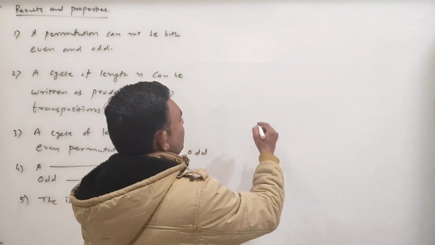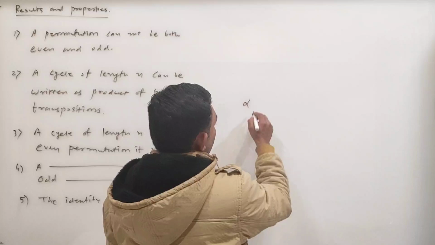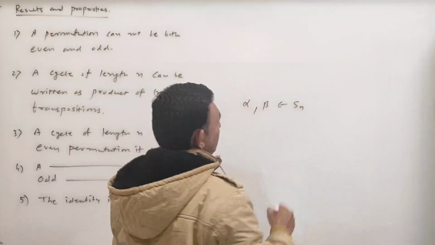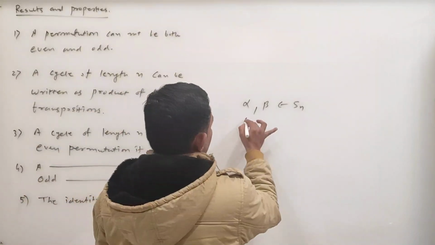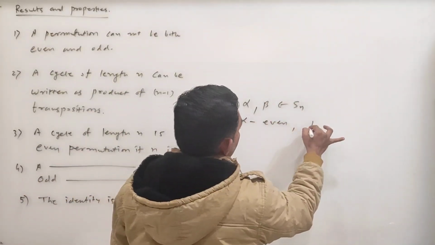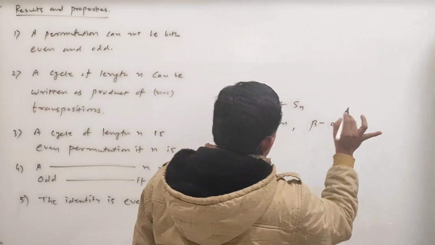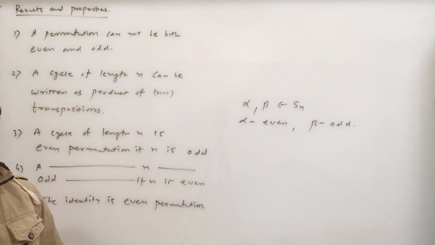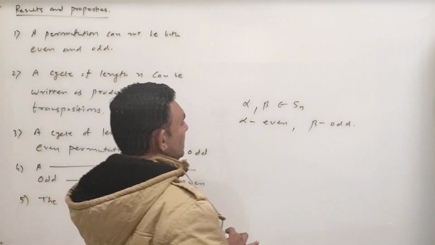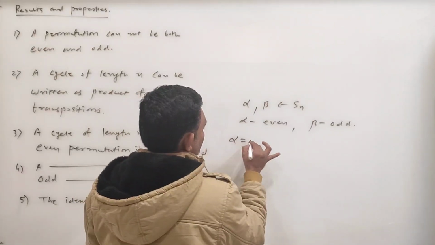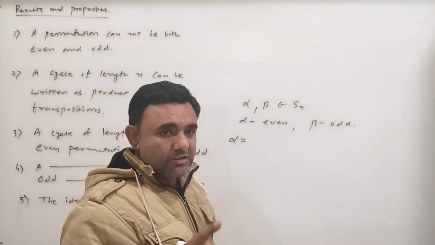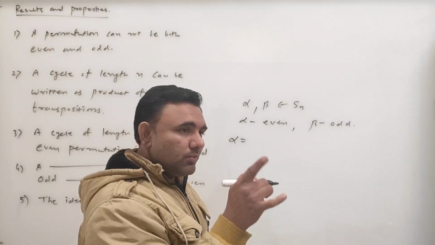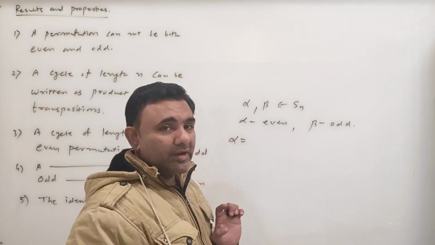So say you consider alpha and beta belonging to S_n, take these 2 permutations. Suppose alpha is even and beta is odd. Alpha can be written as a product of transpositions, and the number of required transpositions is even by definition.